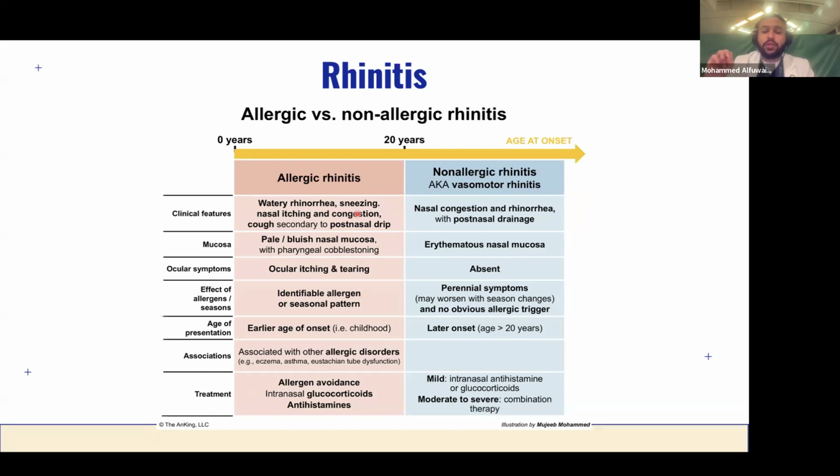This is a very important finding. And it's associated with a history of other atopic diseases, such as asthma and eczema, or allergic conjunctivitis. This is crucial and high yield allergic rhinitis.